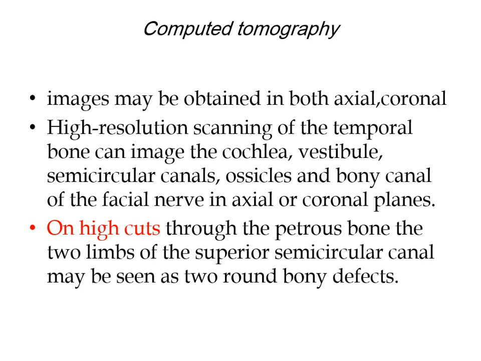High resolution scanning of the temporal bone can image the cochlea, vestibule, semicircular canals, ossicles, and bony canal of the facial nerve in axial and coronal planes, while on a high cut through the petrous bone, two limbs of the superior semicircular canal may be seen.